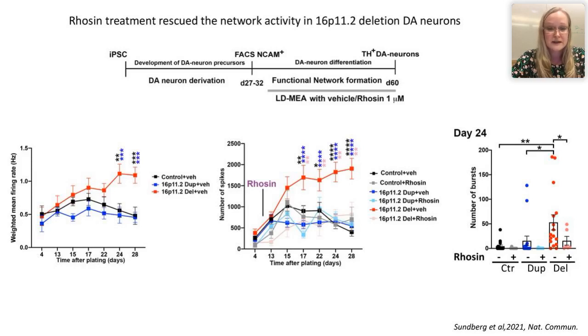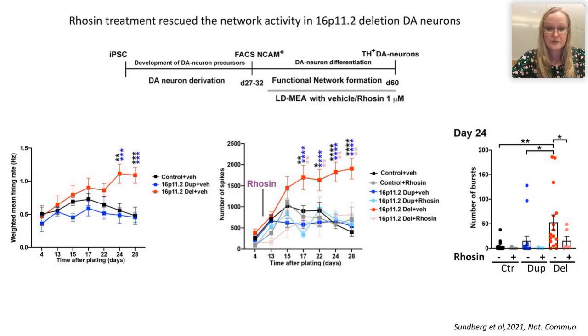And we treated the cells with vehicle DMSO or rhosin at 1 micromolar starting from 5 days after plating in the MEA until day 60. And we did this experiment with the low density MEA that has a multi-well format, 48 wells, and we were able to record the network activity in parallel from vehicle and rhosin treated cells.